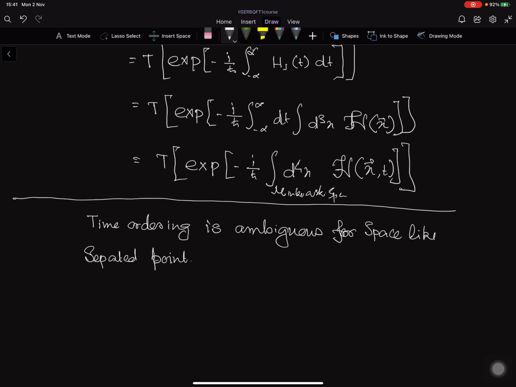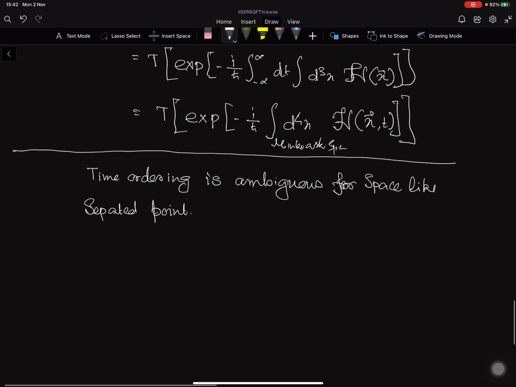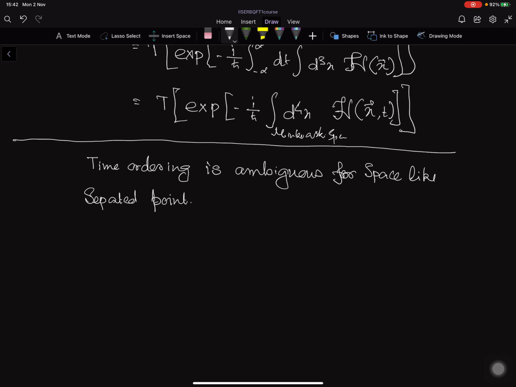So with very similar logic to what we discussed for free scalars, this implies that for space-like separated points, the Hamiltonian densities should commute.